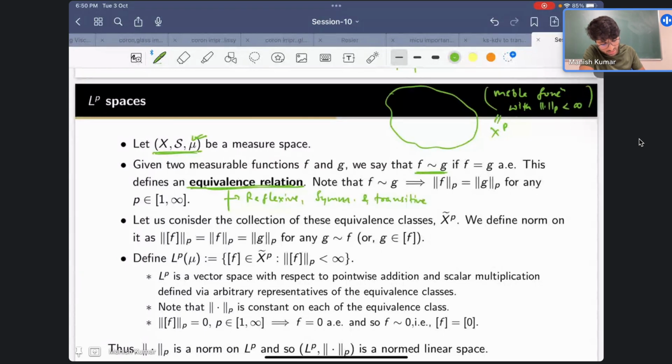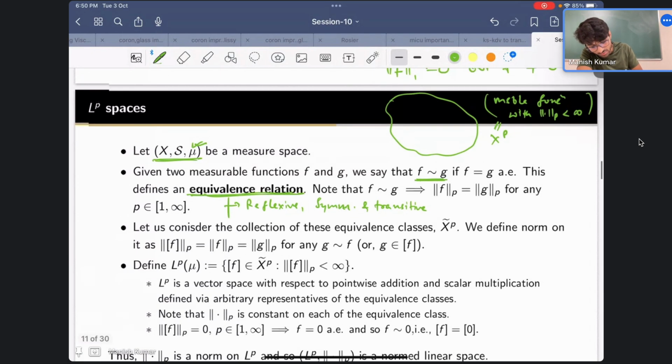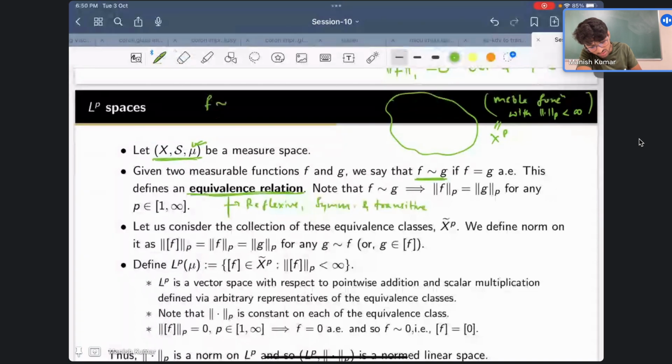Notice one more thing, when I say f is equivalent to g, that means f and g are almost everywhere equal. So f is related to g means f is equal to g almost everywhere. This would mean that |f|^p is equal to |g|^p almost everywhere, and this would mean that the integral is the same, right?